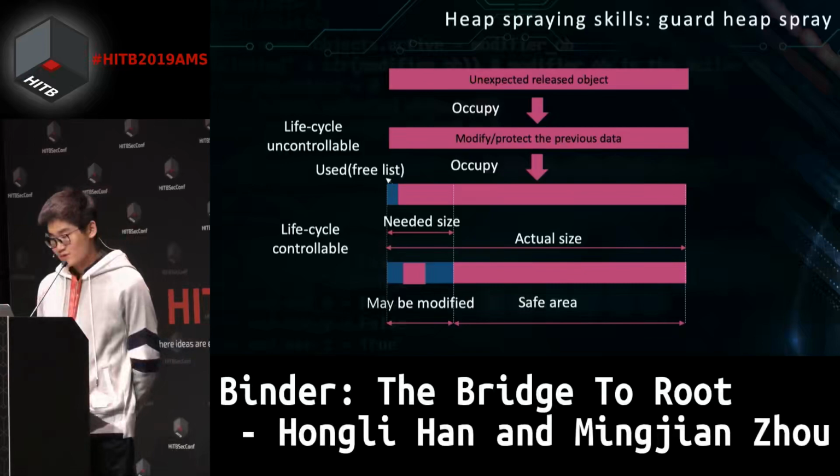They are all 88. So we can write BC_TRANSACTION after BC_FREE_BUFFER in the same ioctl, and it will do heap spray immediately after BC_FREE_BUFFER finishes.